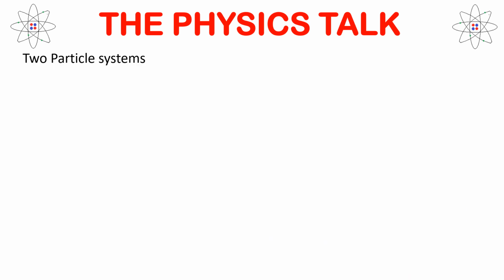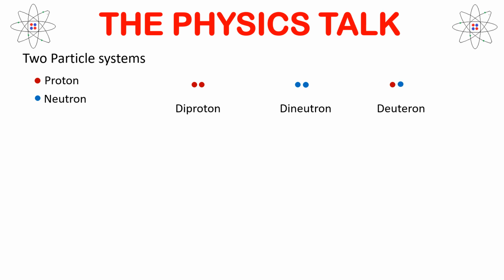Let us analyze two particle systems made up of proton and neutron. Utilizing these two particles, three combinations are possible. A two proton system called diproton, a two neutron system called dineutron, and a system containing one proton and one neutron known as deuteron.